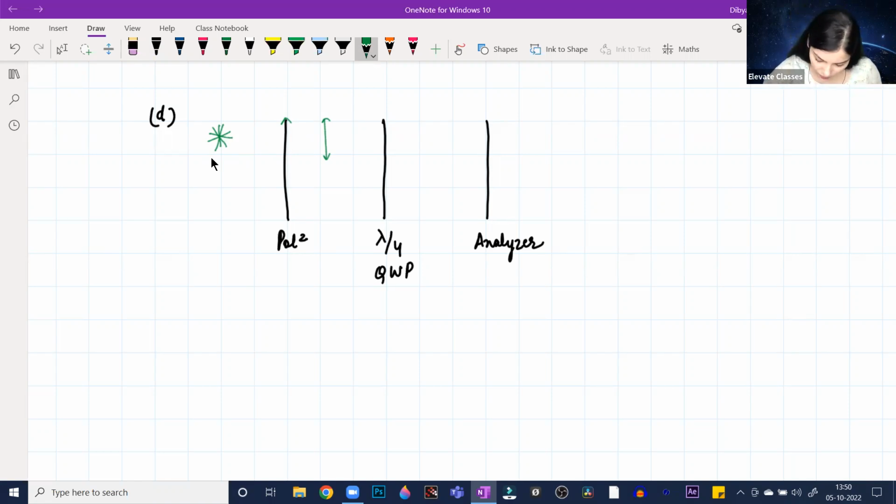So to make my life simpler, let me choose that this is the optic axis. So then it will just let it pass like this only.